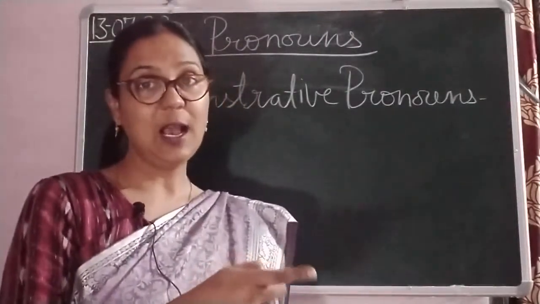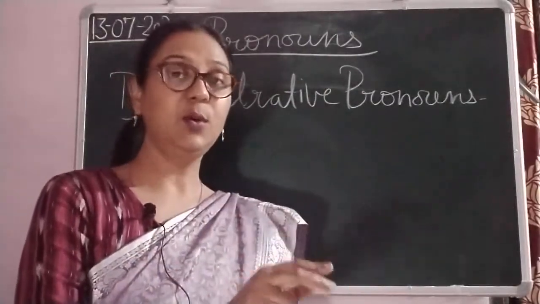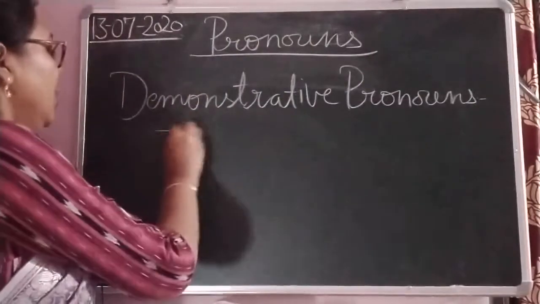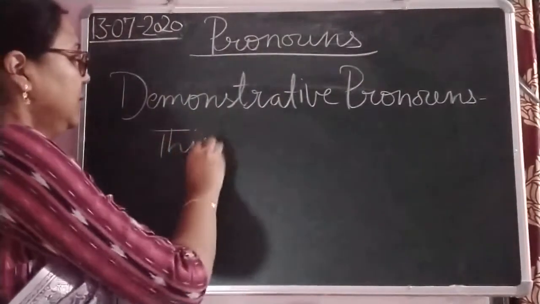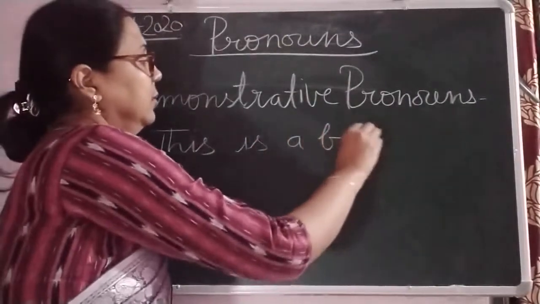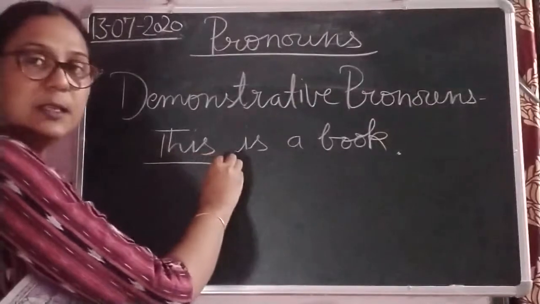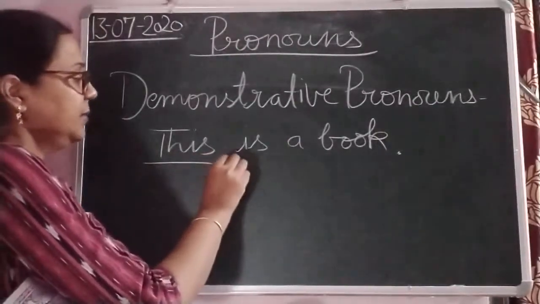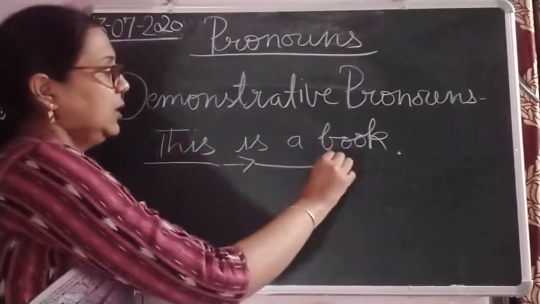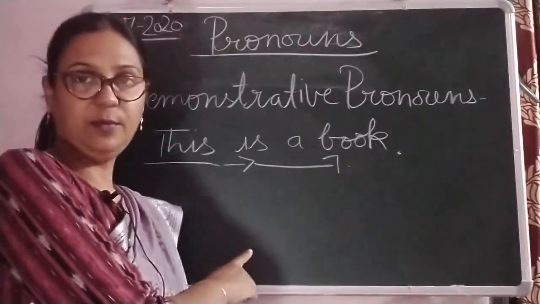So here I am indicating the particular book. For example, this is a book. Now here you can see this is indicating the book. So this is called a demonstrative pronoun.